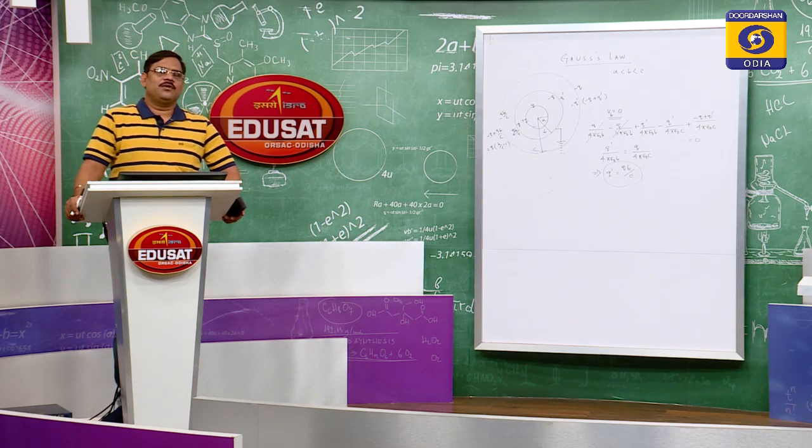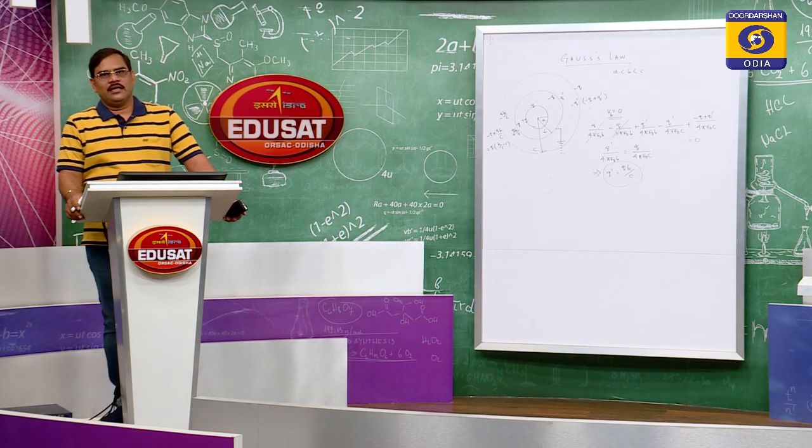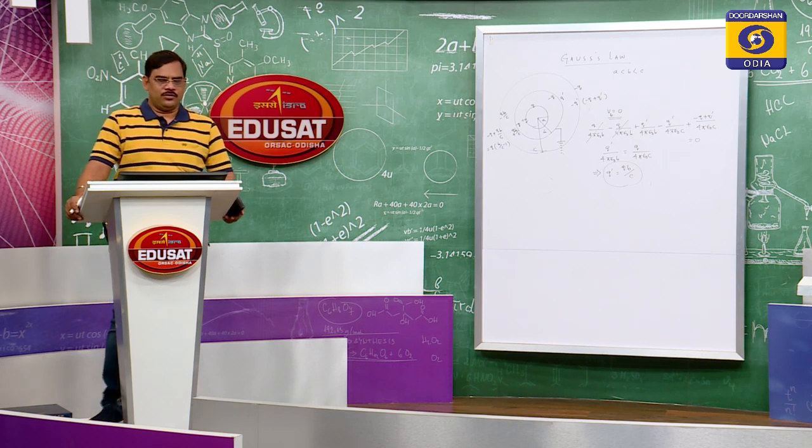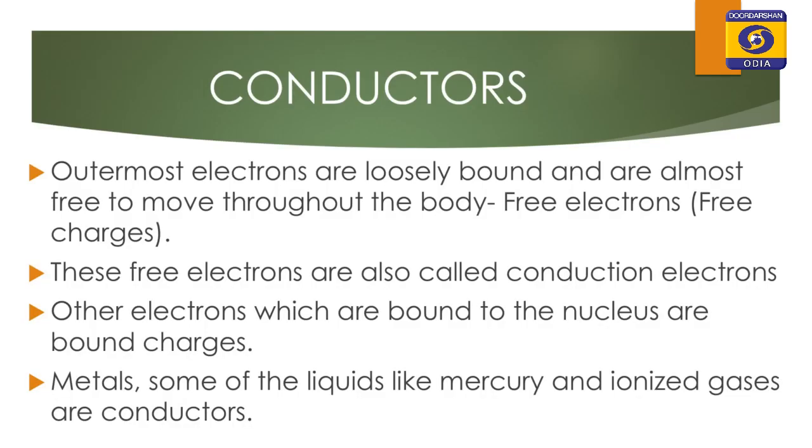Now, let us discuss the free and bound charges in the case of conductors and insulators. In conductors, the outermost electrons in atoms are loosely bound and are almost free to move throughout the body. These are known as free electrons, or free charges moving around the body.